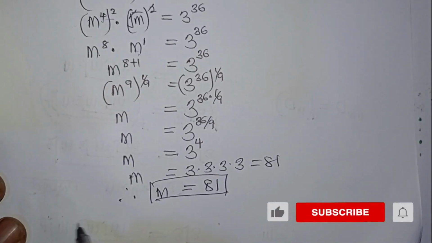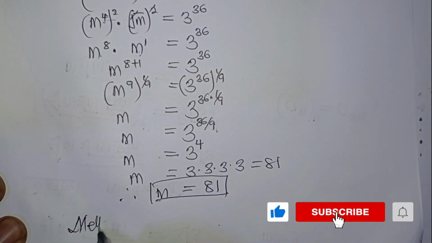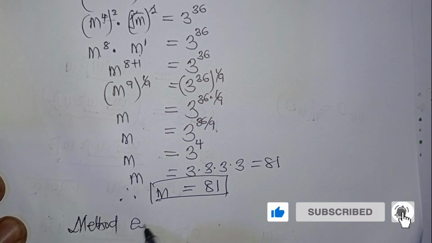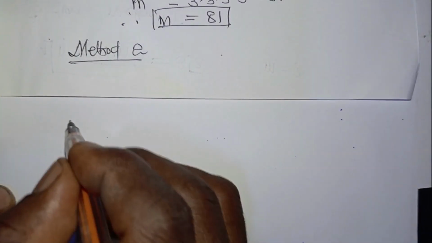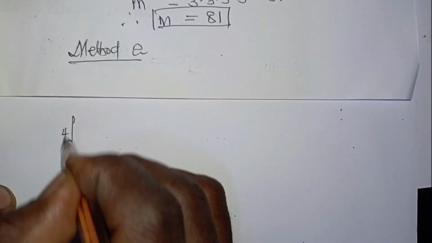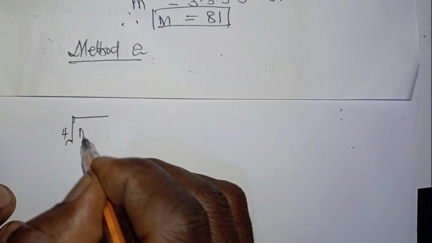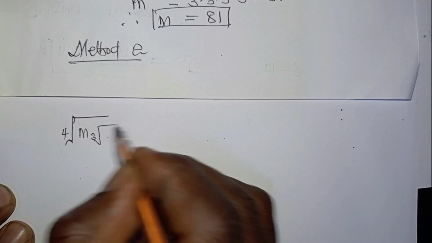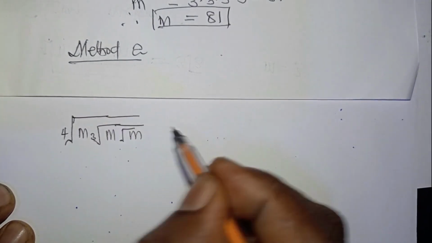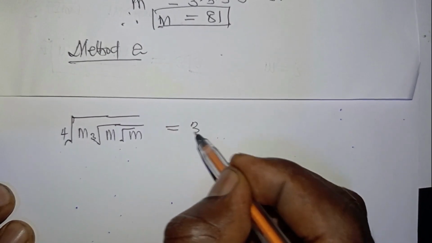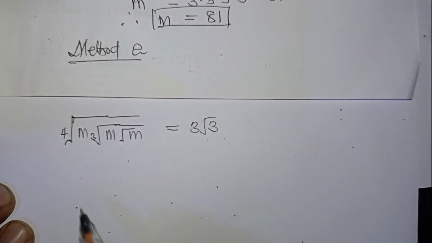Now let's look at method 2. In method 2, let's have the equation again: fourth root of m, cube root of m, square root of m is equal to 3 root 3.